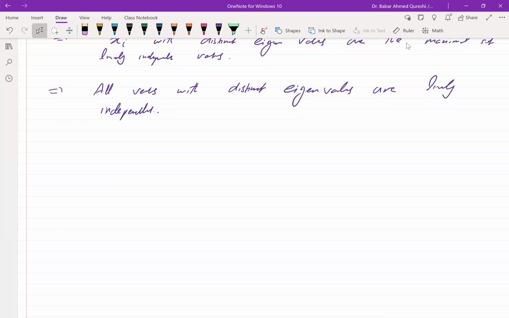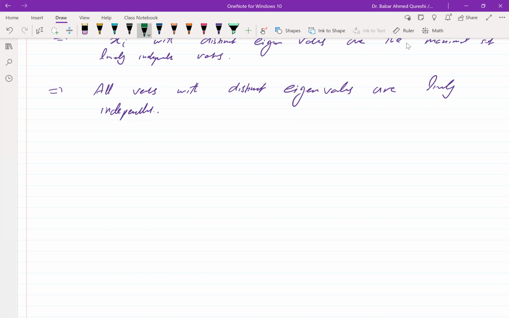So how does this help in proving our result? This is actually a nice thing to know: if you have two eigenvectors which have different eigenvalues, then these two must be linearly independent. One cannot be constructed from the other.